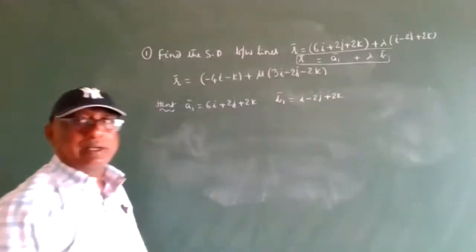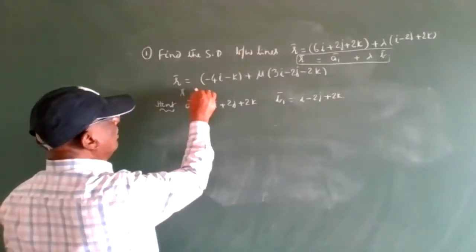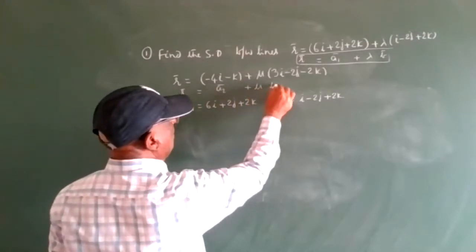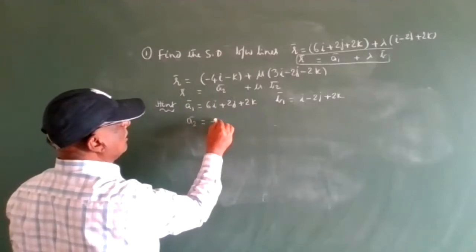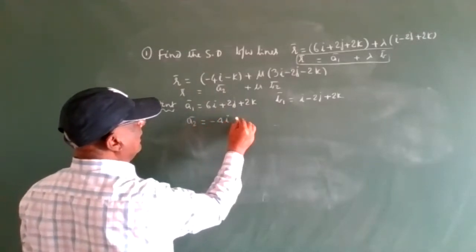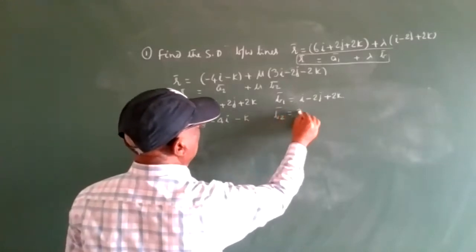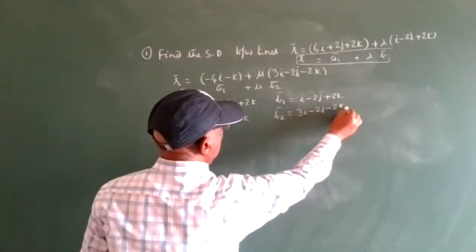Compare the second equation, R bar equals A2 bar plus mu into B2 bar. Immediately write down A2 bar equals minus 4i minus k, and B2 bar equals 3i minus 2j minus 2k.